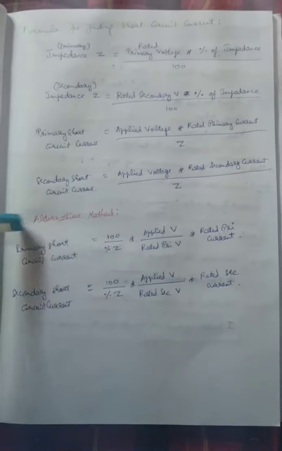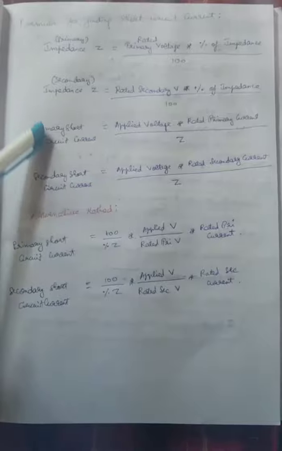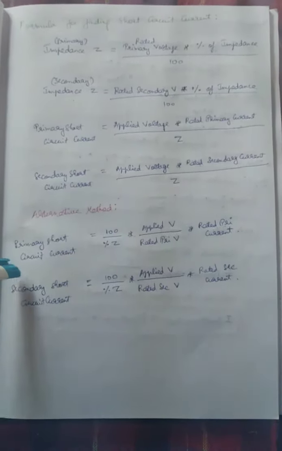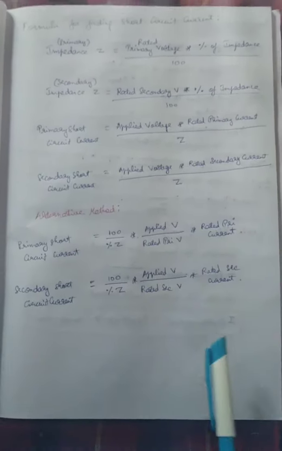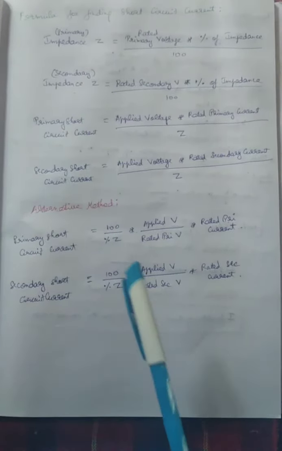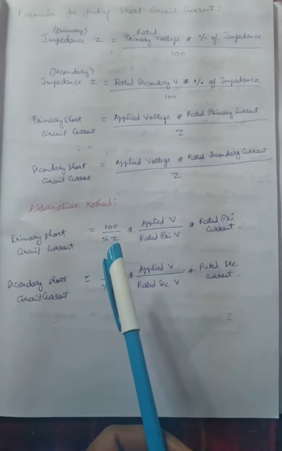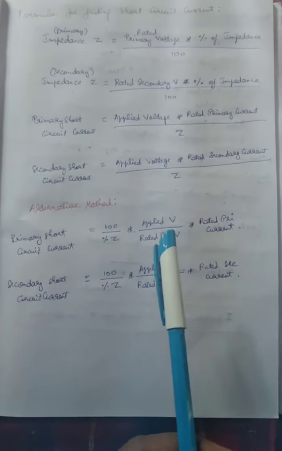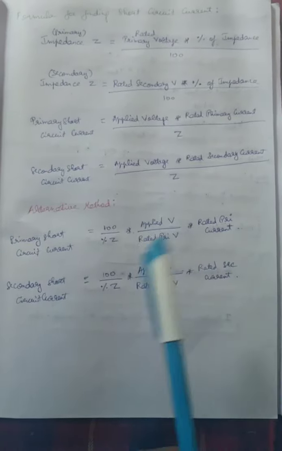Then an alternative method: if you think the steps are getting larger, we can shorten the steps and directly calculate the primary short circuit current and secondary short circuit current by this formula. You can easily understand that the 100 is your percentage impedance: 100 divided by the impedance percentage into applied voltage by rated primary voltage into rated primary current.